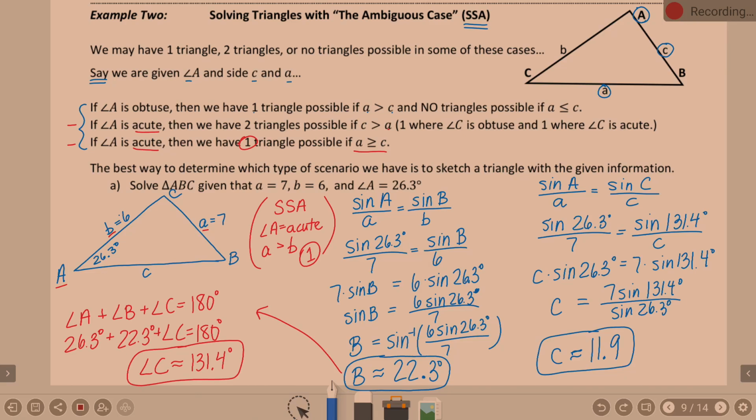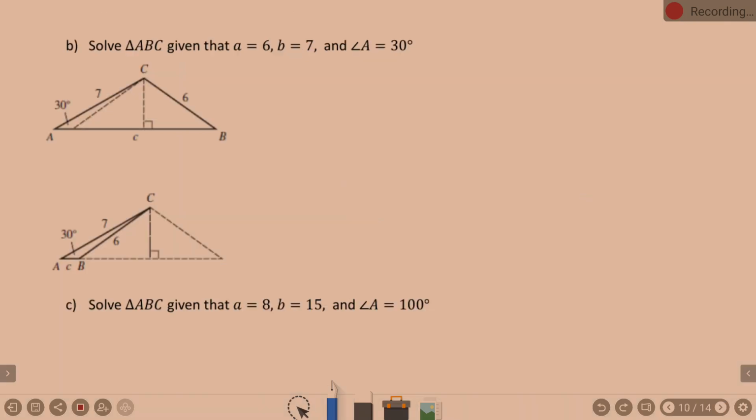Now, when you flip to side B, they're going to give us a new set of information. So, as we look at example B, notice it's asking me to solve triangle ABC again, so find your missing sides, given that a is 6, b is 7, and angle A is 30 degrees.